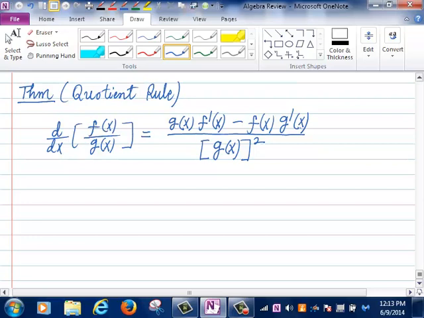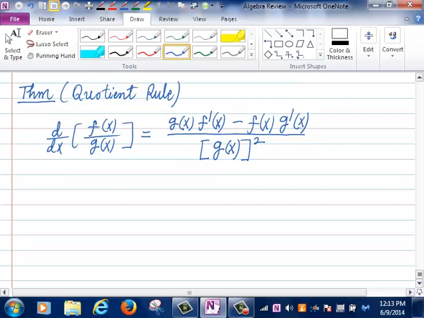Now, those of you who remember from high school, teachers have rather nice ways of making students sing and remember formulas. In high school, students would sing this formula as follows. This would be called the low. This would be called the high because it's on top, high and low.